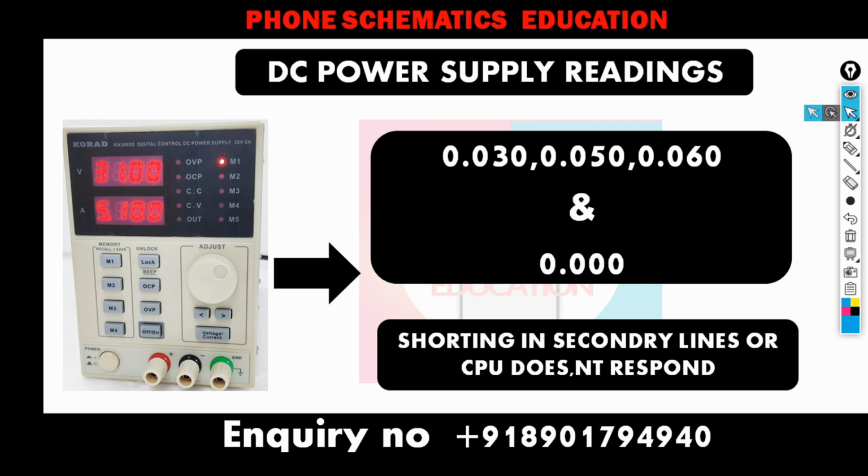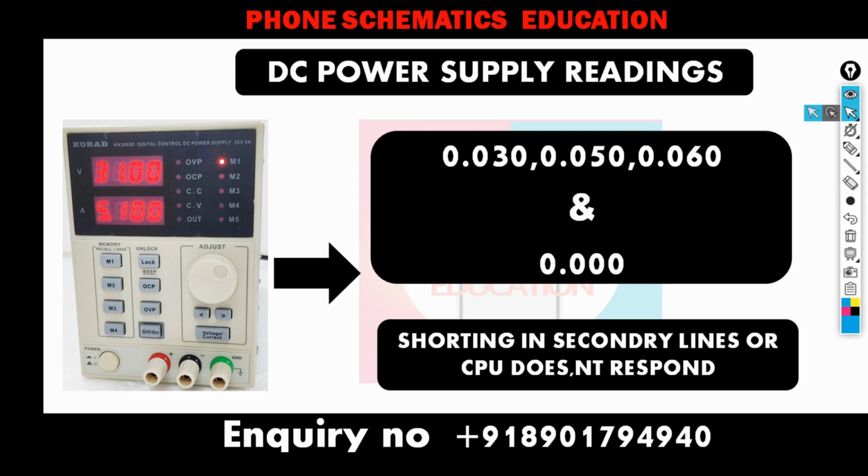When you power on, boot up gives the voltages, a buck voltage to the CPU, and somehow the buck shorts, or any LDO shorts. That's why it goes back to 0. When it has produced the voltages, the buck voltages for the CPU, and the CPU does not respond and the feedback does not come from the CPU, the power shuts down. Maybe something is wrong in the circuit or with the CPU.